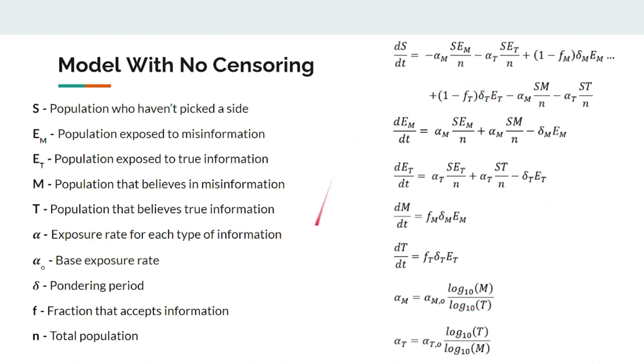Some other terms that we have is we have alpha naught as our base exposure rate, delta as the pondering period, or the period that it takes for people to either accept or reject the information. We have f as the fraction of people that do accept that information. And then finally, we have N as the total population.